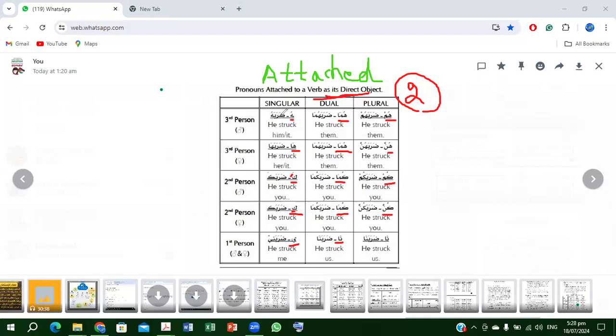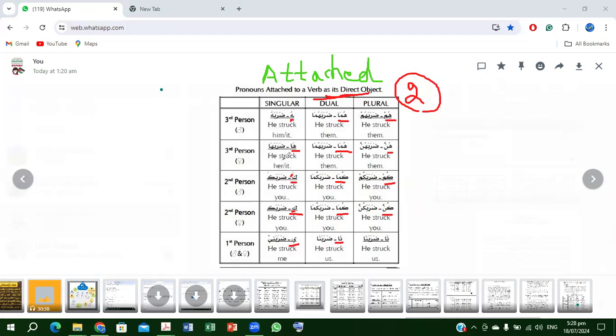So daraba is a verb. Daraba means he struck or he hit. Now it is who attached with daraba. He hit him, you can say. Darabahuma, he hit them both. Darabahum, he hit them all.